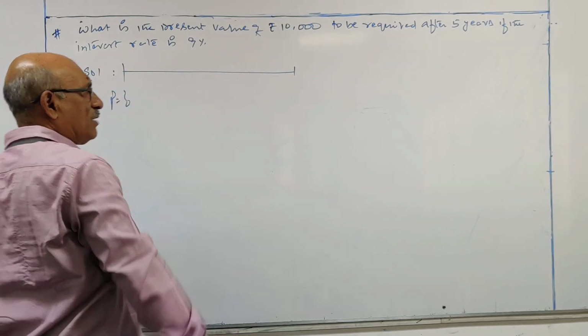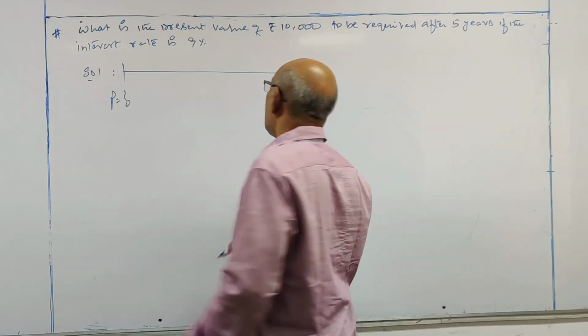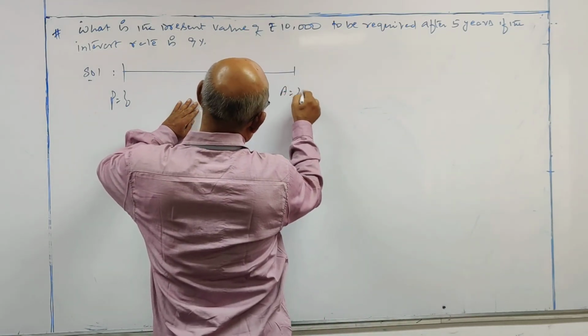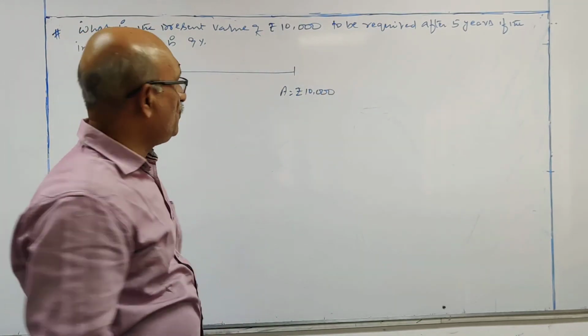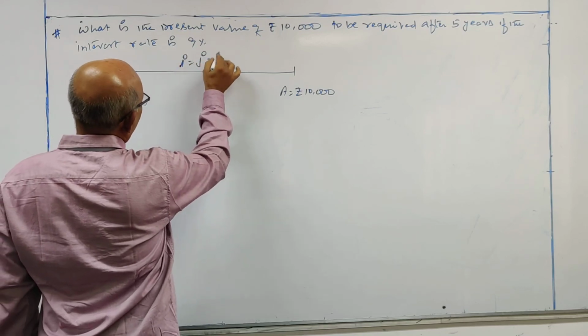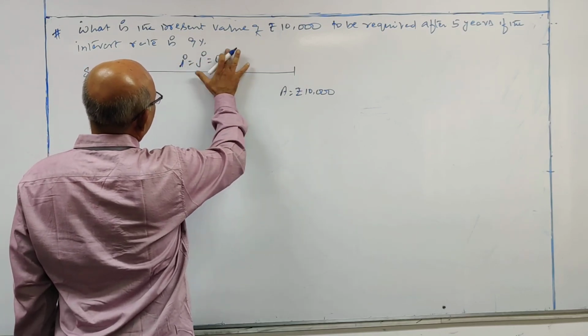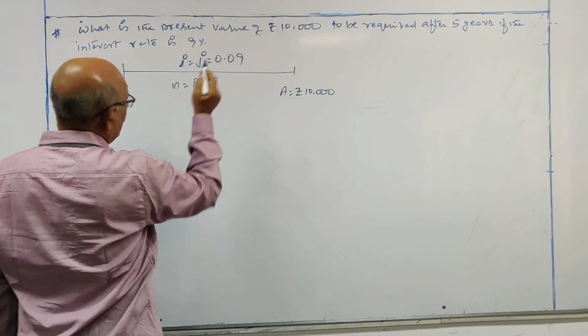P is equal to question mark. Present value means principal today. Amount is equal to rupees 10,000. I is equal to J is equal to 9%. No conversion, both are same. N is equal to T is equal to 5.